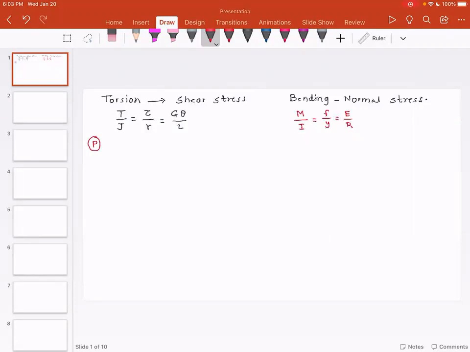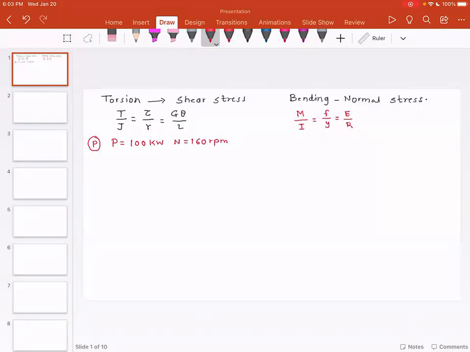A shaft is transmitting, this is P, which is the power transmitted by the shaft, which is 100 kilowatts at speed n equal to 160 RPM.